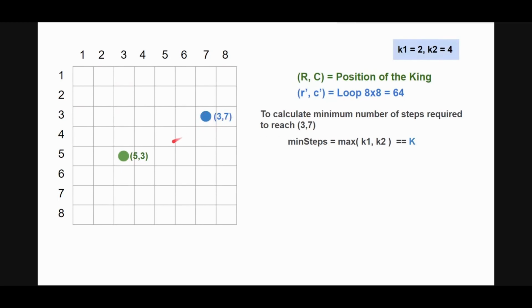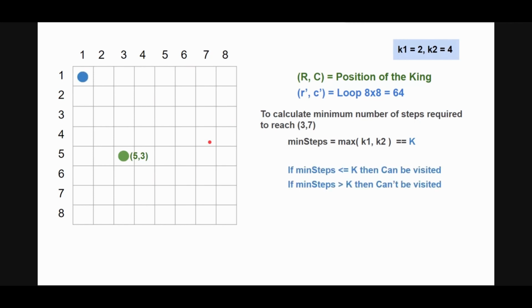And if this was here, then it will take 3 steps, so that is also valid, because in the problem statement it's mentioned that in at most k steps, how many squares can the king visit. In the same way, we have to check all the squares and then we'll get the count of all the valid squares.